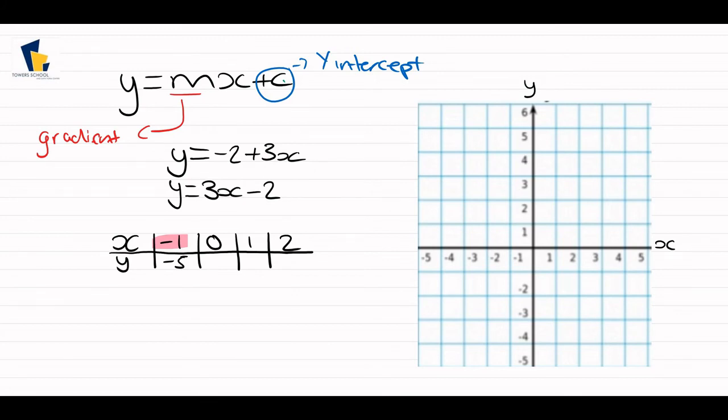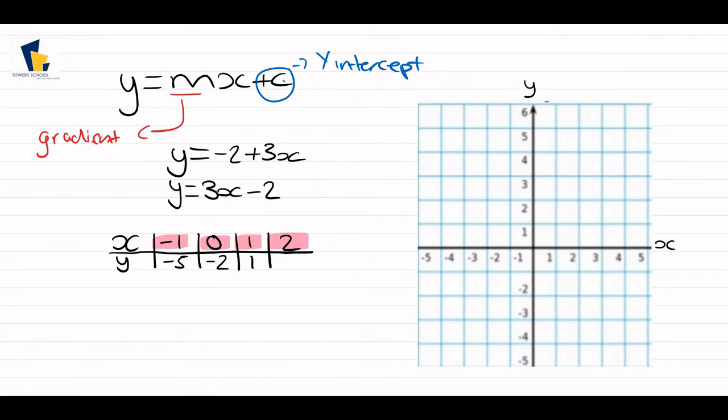So 3 times 0, because we're going to substitute in the 0 now, gives me 0. Minus 2 is minus 2. Substitute the 1 in. 3 times 1 is 3. Minus the 2 is going to give us 1. And then lastly, the positive 2 value.